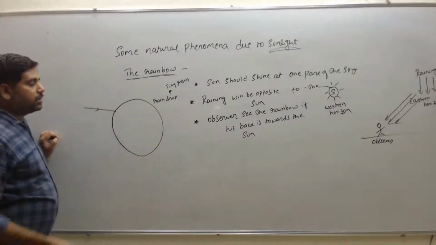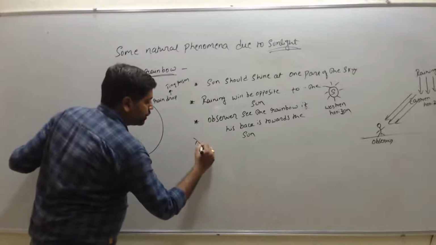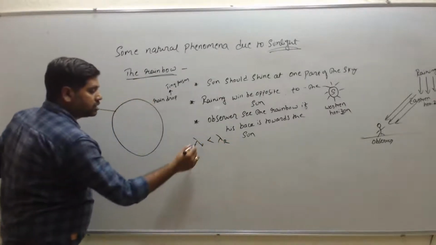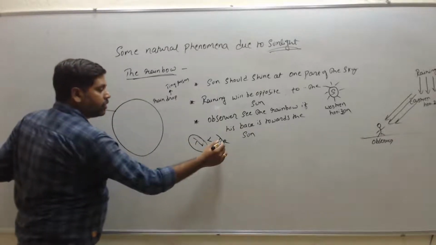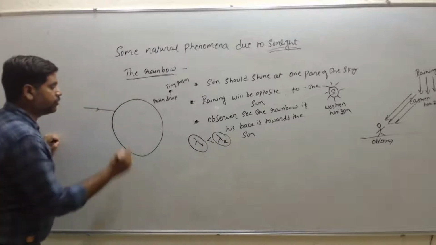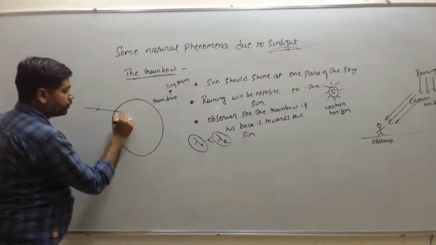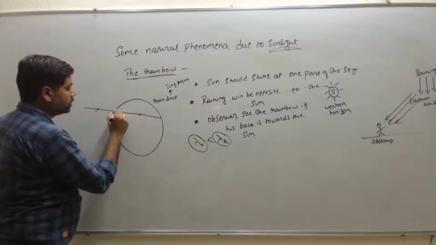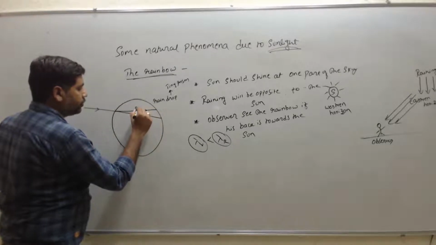As we already said in dispersion, the wavelength of violet light is less than the wavelength of red light. Hence, the violet light bends the most and the red light bends the least. So here, if we draw the normal, this becomes violet light and here it becomes red light.